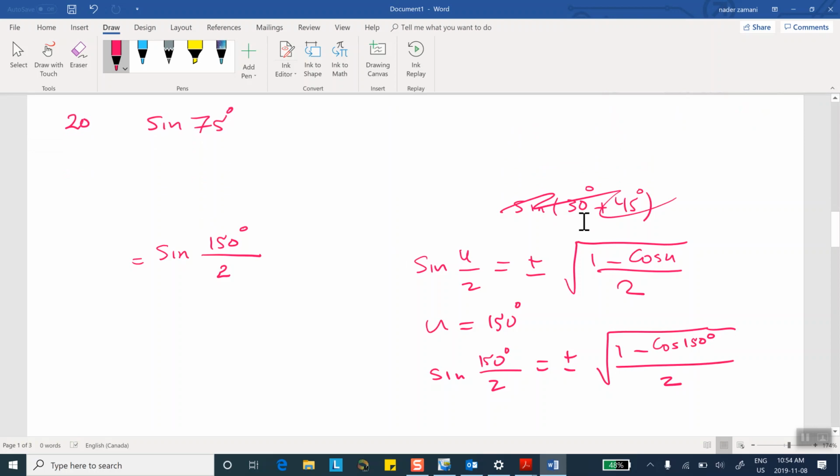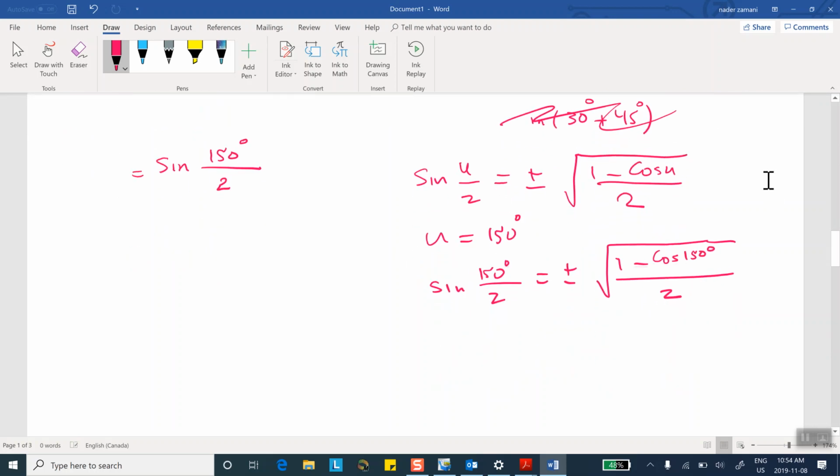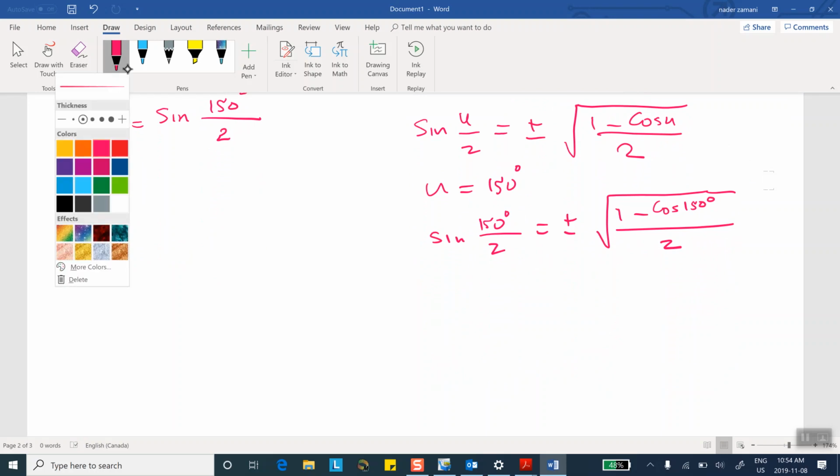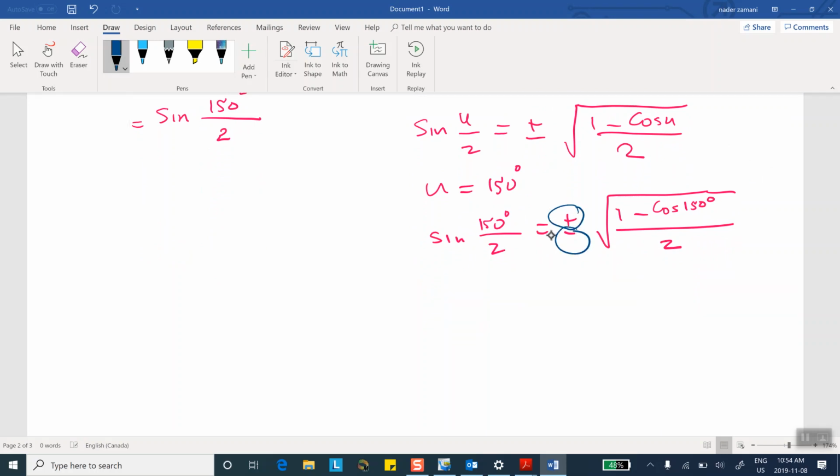Now the question is, which one of these two algebraic signs do I take? Well, just look, sine of 75 degrees is in the first quadrant. Sine of it is positive, so this is plus square root of 1 minus cosine of 150 degrees over 2.